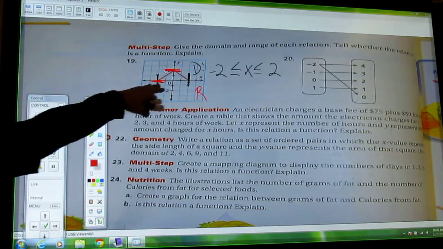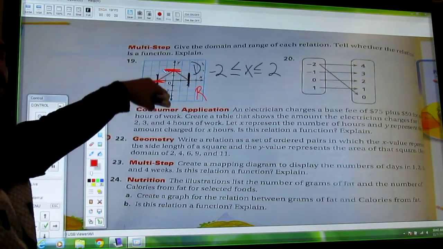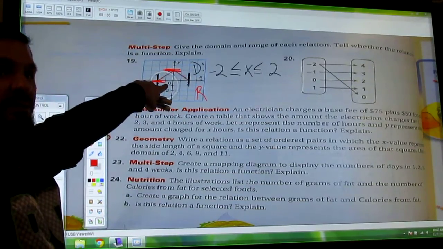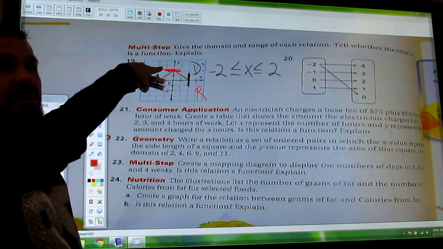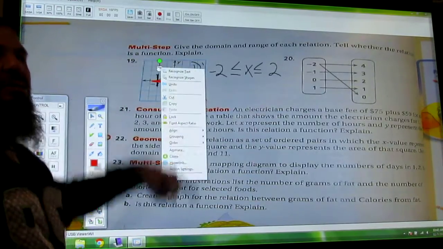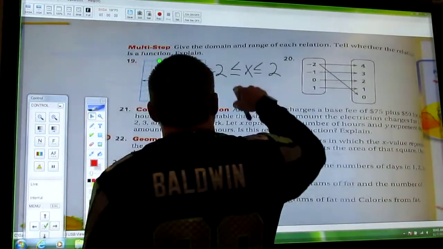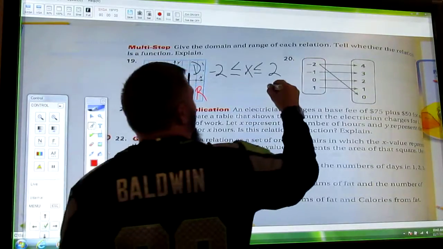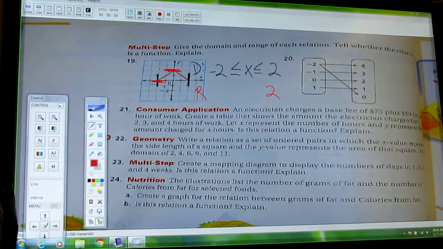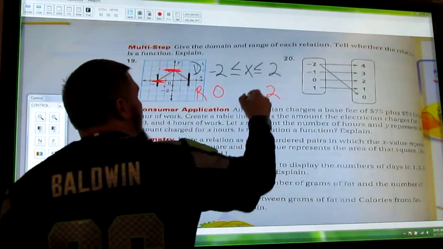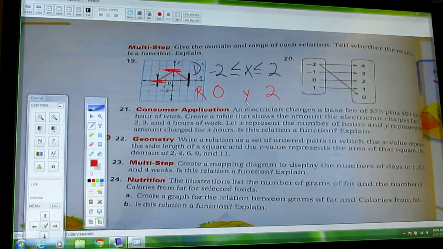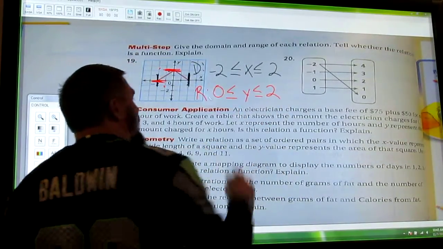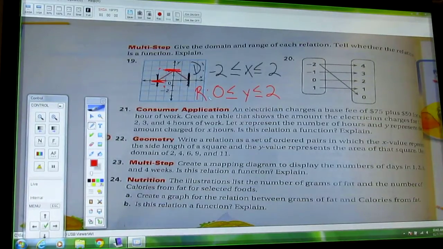So what's the lowest y? 0. What's the highest y? I covered it up, but it's a 2. So the highest y is a 2, and the lowest y is a 0. The y is in between them, and this will be less than or equal to. That's what we're doing.